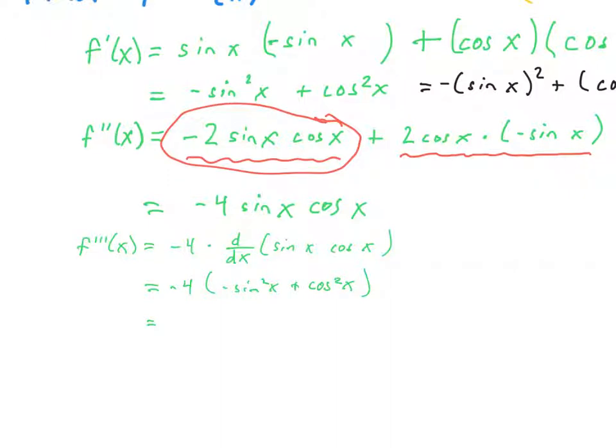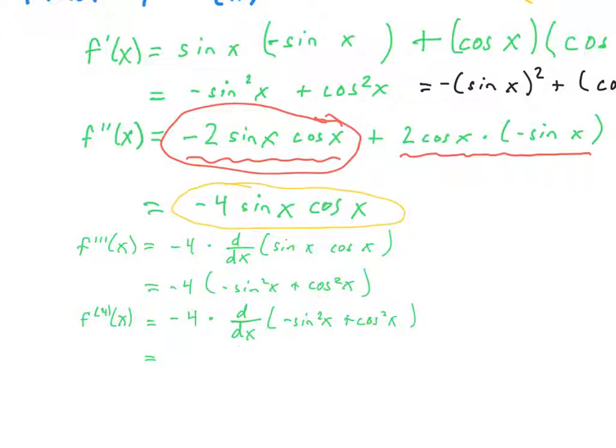All right, and then the fourth derivative of our function should be negative 4 times the derivative of this little bit right here. So negative 4 times the derivative with respect to x of negative sine squared x plus cosine squared x, which we've already determined that the derivative of that expression, right there, was negative 4 sine x cosine x, right?